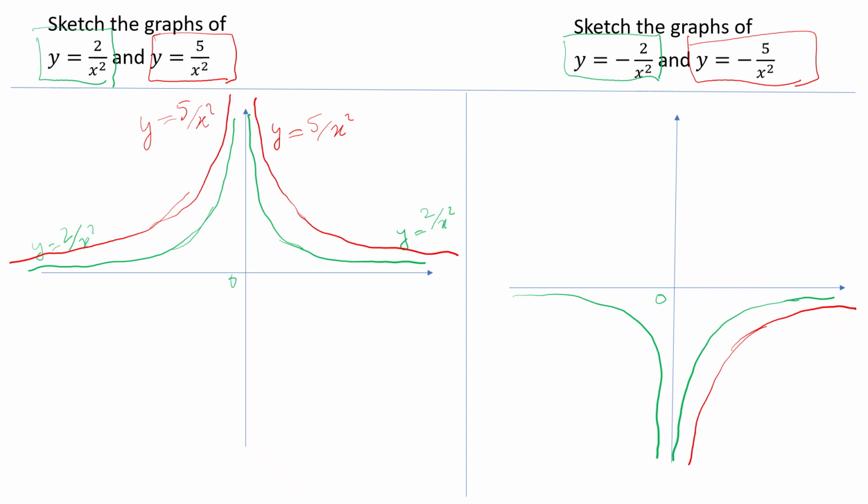When x is negative, y is also negative. Like this way. So this is y equals minus 5 over x squared. This is y equals minus 2 over x squared.